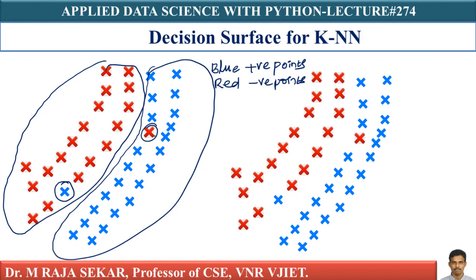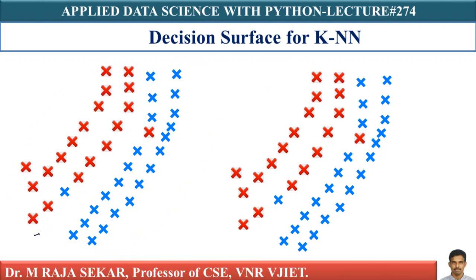If I ask a 10-year-old kid to draw a line or a curve to separate this, he might likely draw like this, isn't it? Otherwise, let me redraw it like this. How can a kid draw it? Let me say like this, isn't it?